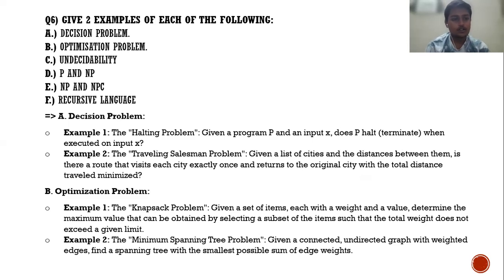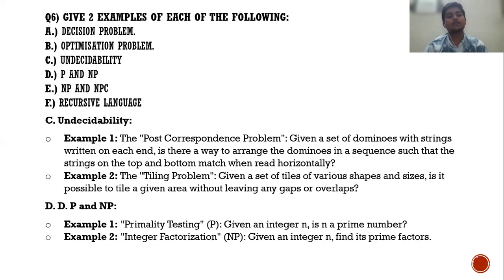Let's jump to the next, which is undecidability, where the first example is the post correspondence problem and the second is the tiling problem. For part D, which is P and NP, the examples are primality testing and integer factorization. Once again you can pause the video and read the description of every example.